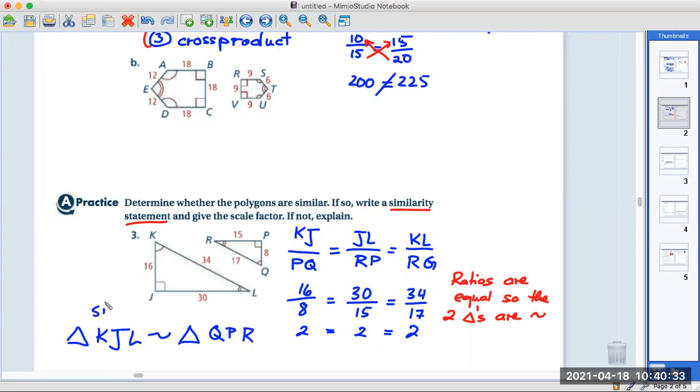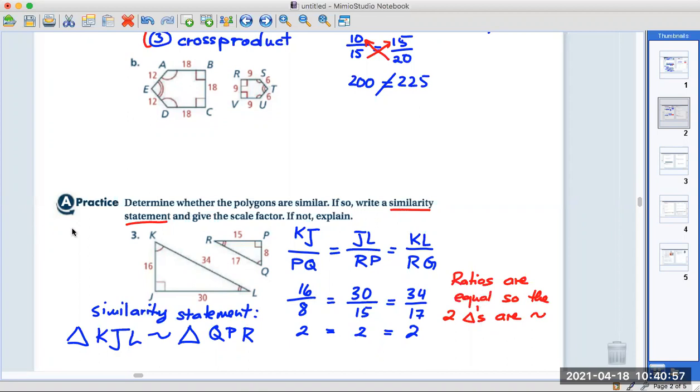This is called a similarity statement. Okay, similarity statement. So yes, they're similar.